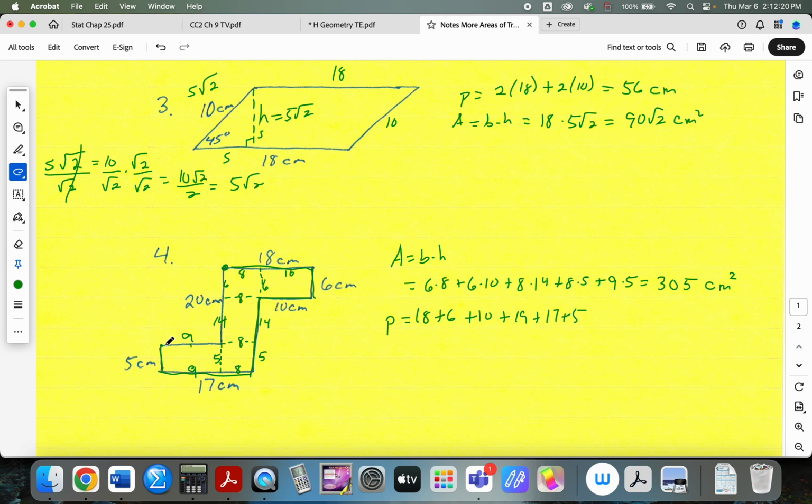Plus 5. Plus 9. Plus that whole side is 20. So 50, 60, 78.